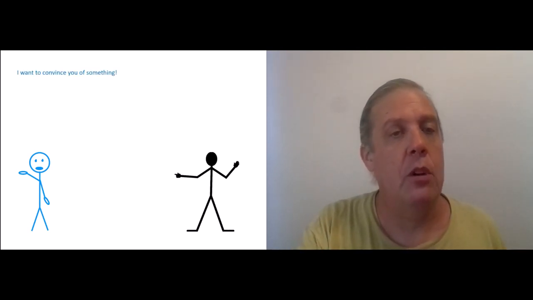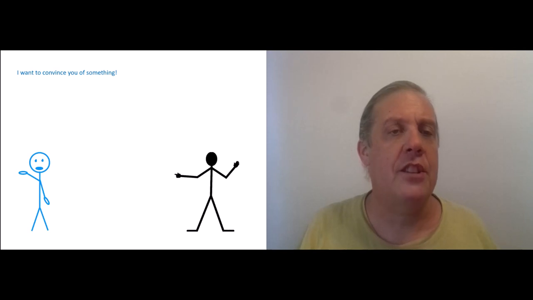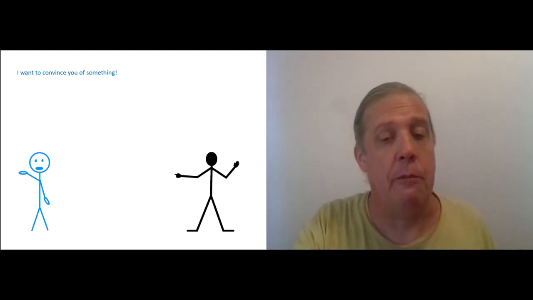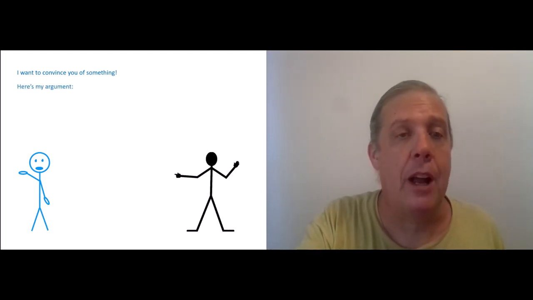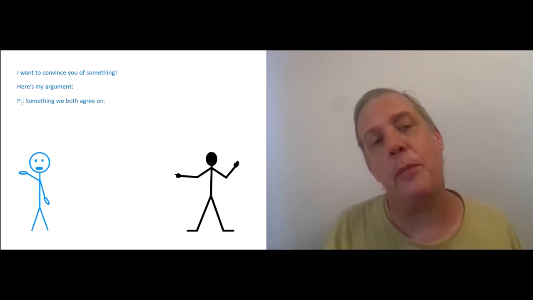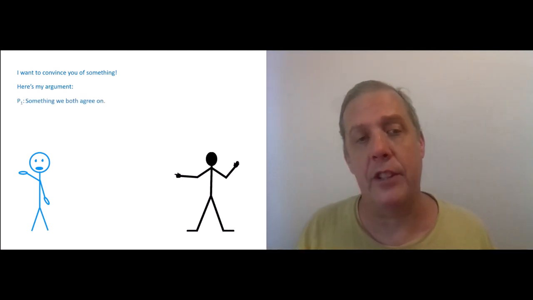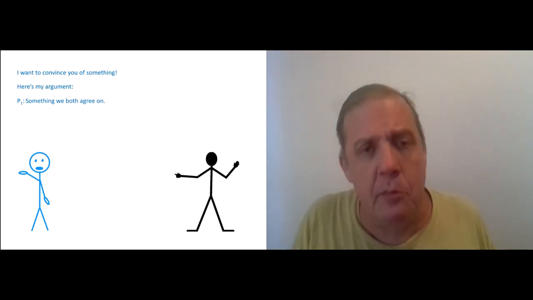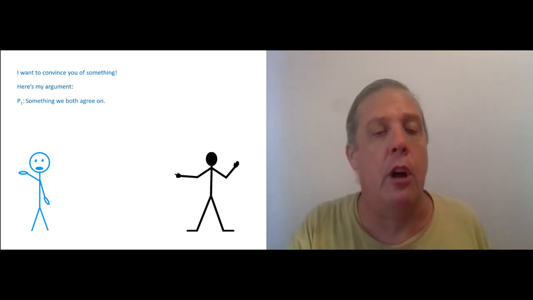I've got two stick figures here to illustrate the philosophical idea of discussion. So the blue guy says, I want to convince you of something. Here's my argument. And he gives a premise. And the premise is going to be something that they both agree on. That's how you convince someone. You bring them in with a premise that you can both agree on.